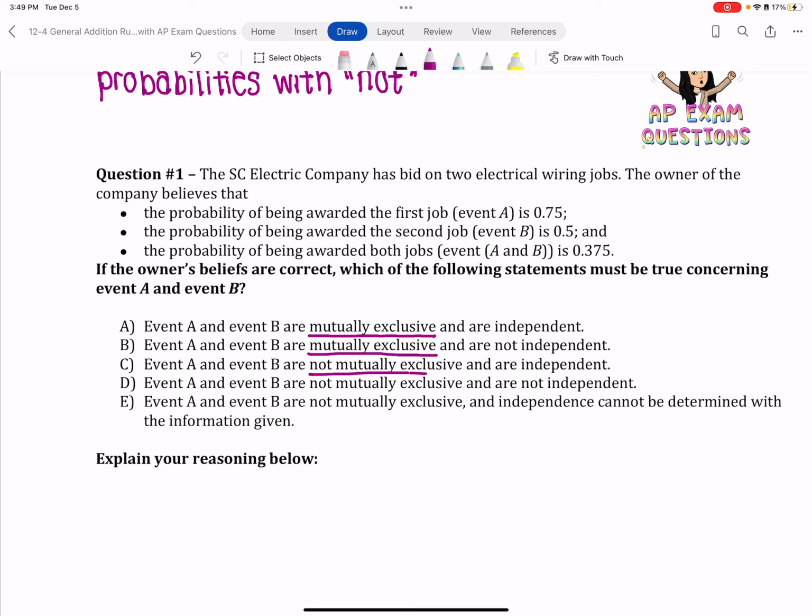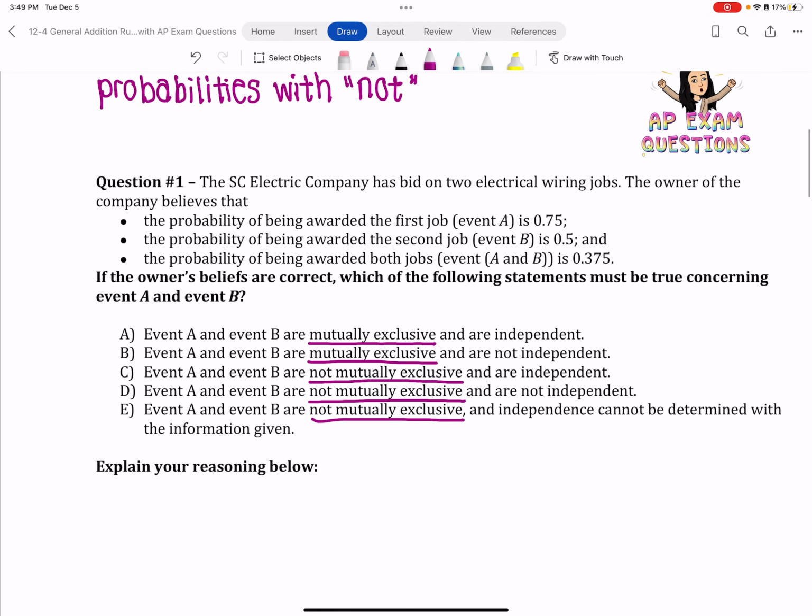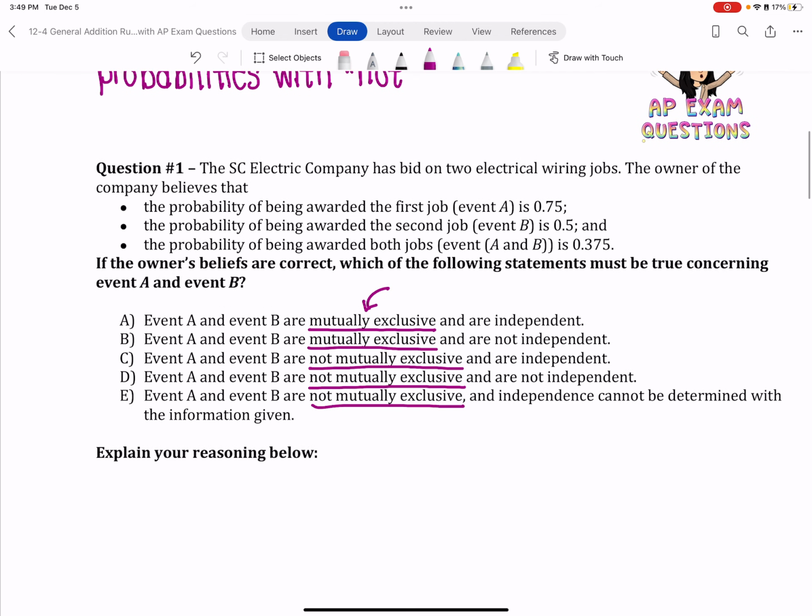So again, mutually exclusive means that they cannot happen at the same time. Okay, so that means that not mutually exclusive means that they can happen at the same time.